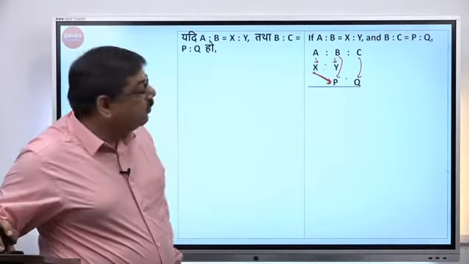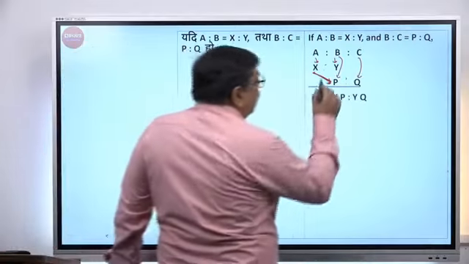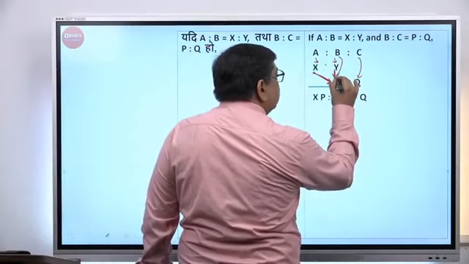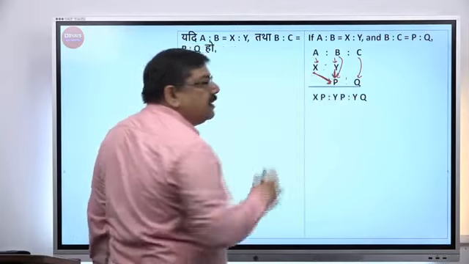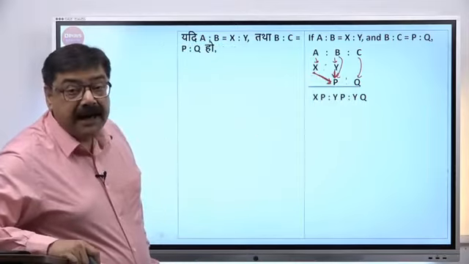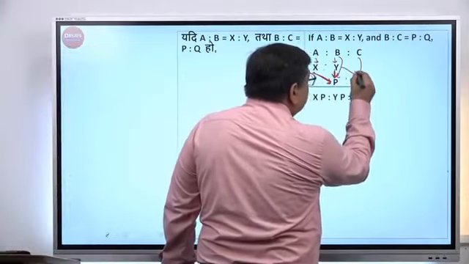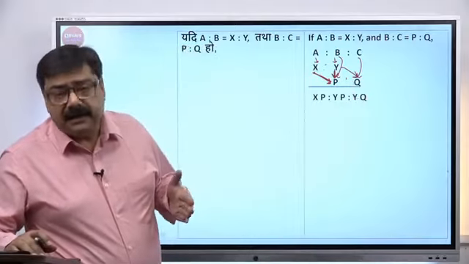So what you would get would be the ratio pertaining to A with respect to B and C. Now for the second ratio point for B, you multiply these two numbers which are given to you in the middle, Y and P. So you get YP. And for C, if you have to find out the ratio points, you multiply these two numbers which are given on the right hand side.